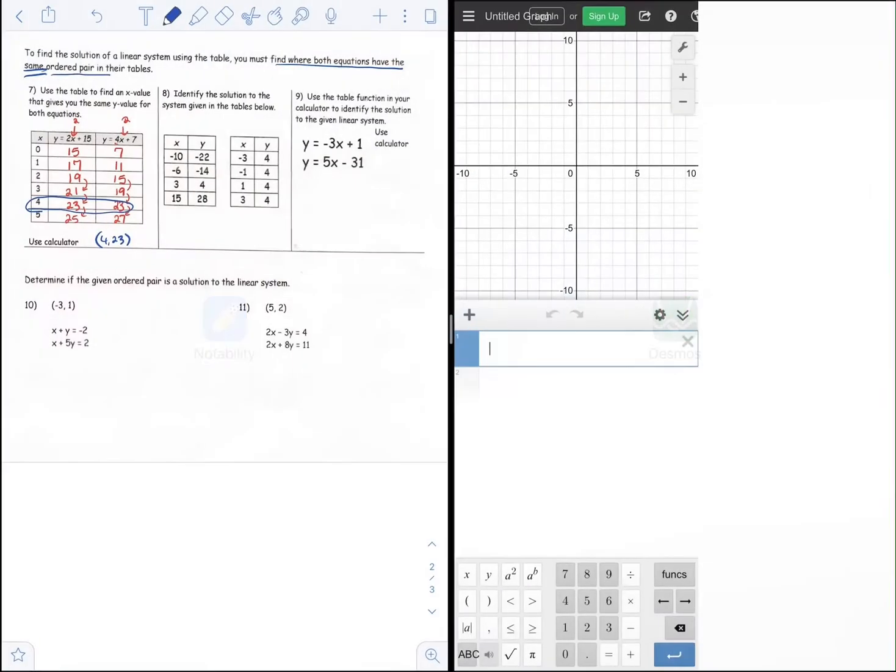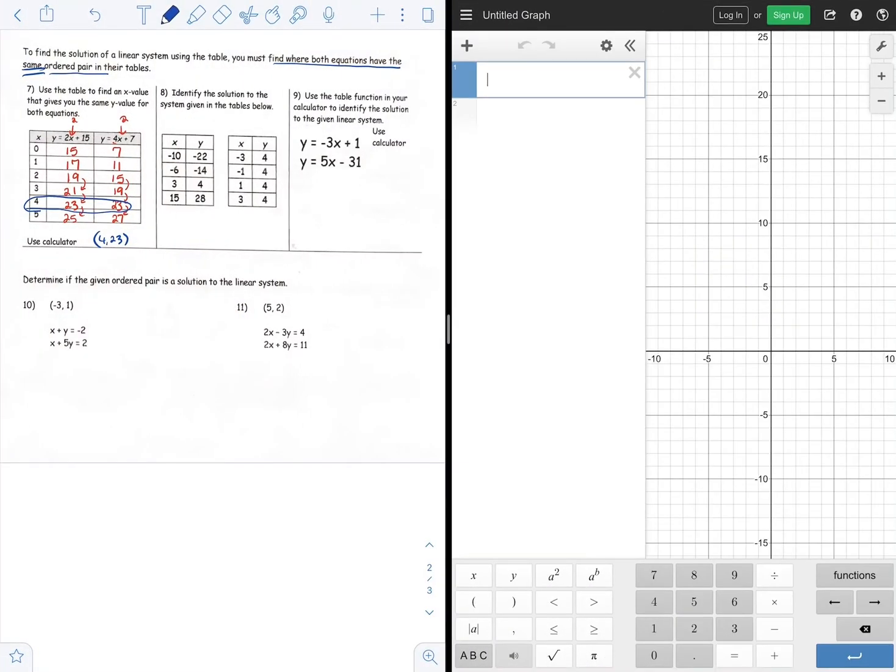All right, I'm going to kind of slide over here. If we're to look here, we're going to need Desmos, so we can go to desmos.com, tap graphing calculator. Right here for number 1, we're going to type in y equals 2x plus 15. All right, that's the first one.